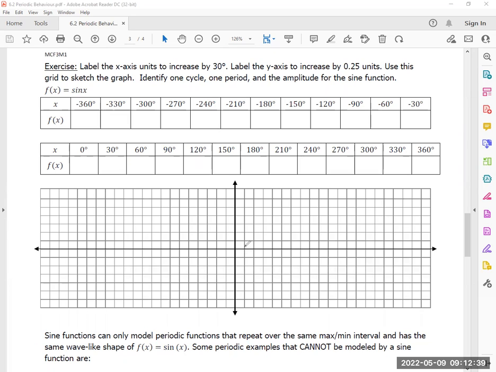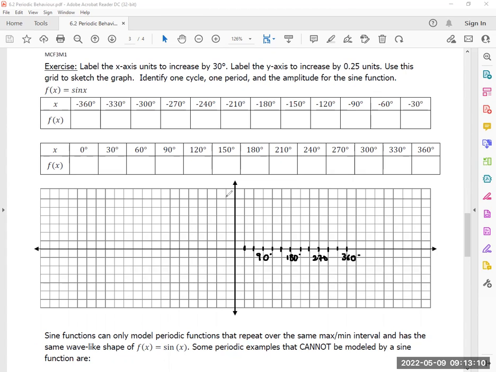So let's pretend this is 30, 60, and then after 3 boxes, let's label it 90, 120, 150, and that is 180, and then 270, and 360.